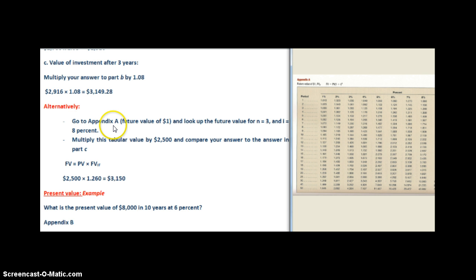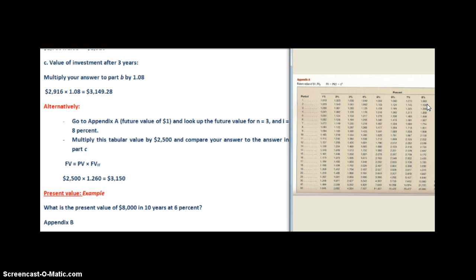Go to Appendix A and look up the future value for n equal to 3, because the single amount has been invested for 3 years. So you will look for n equal to 3 and i, which is interest, equal to 8%. Let's look into the table for 8%, which is here, and 3 years.